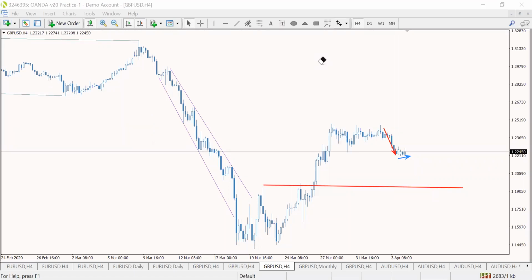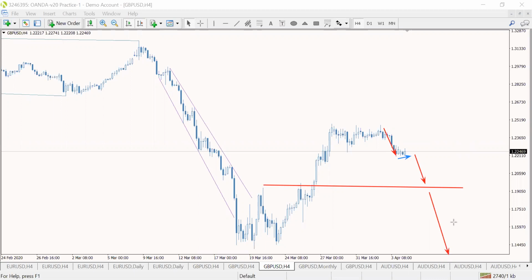Expecting this move low to these lows. But if this move is with this move and that move, then this market will break down.